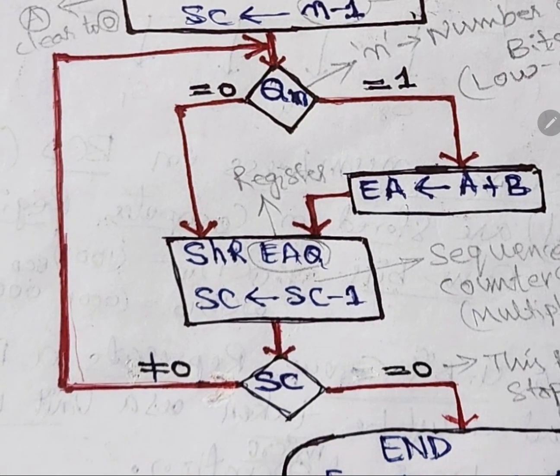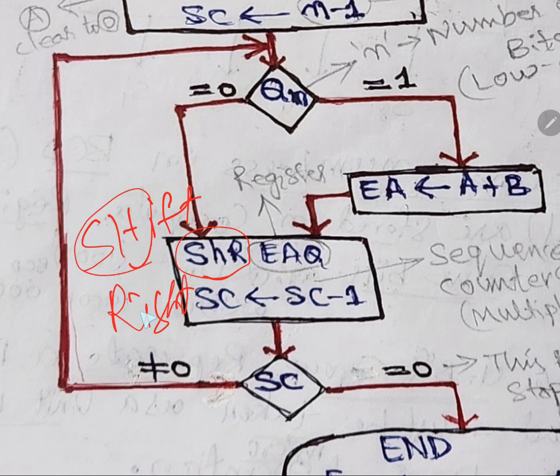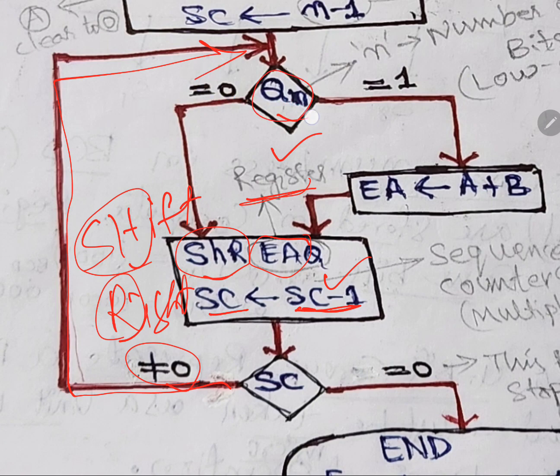So right. See here. SHR means shift, R means right side, shift right. EQA is one more register. With the pencil I explained to you. The sequence counter is always reduced by 1. When it is not equal to 0, it will go back. And again the same thing, when it is 1, it will be added here.